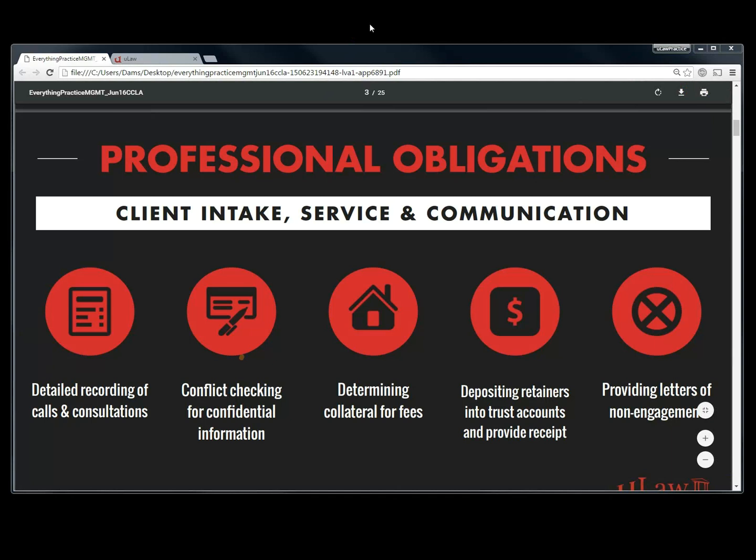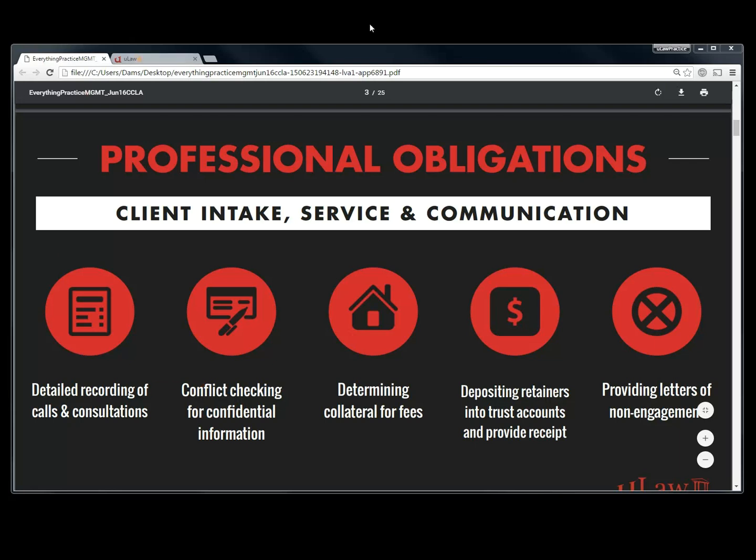It's very important that you establish clearly the criteria under which you will be representing the client. The next important criteria in terms of client intake is the conflict check for confidential information. Now, conflict checks can be performed in several ways. A key element of conflict check is making sure that not only you perform the conflict check and have the document established on what the conflict check is, but you also document how you actually resolve it.